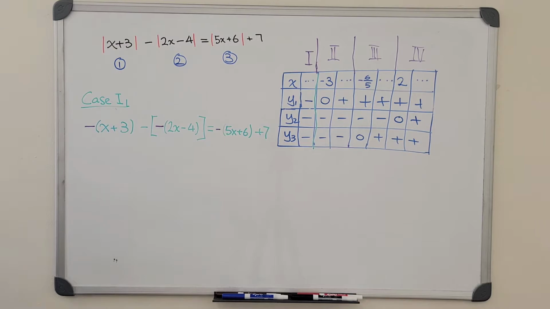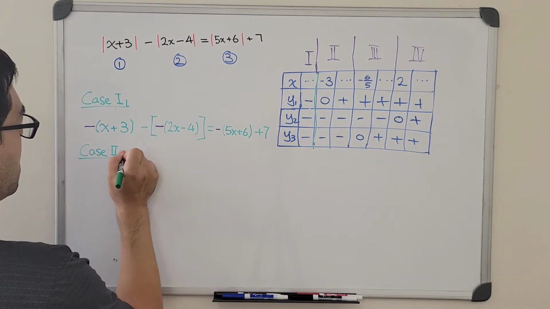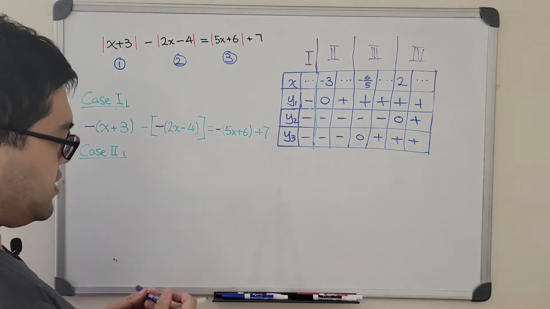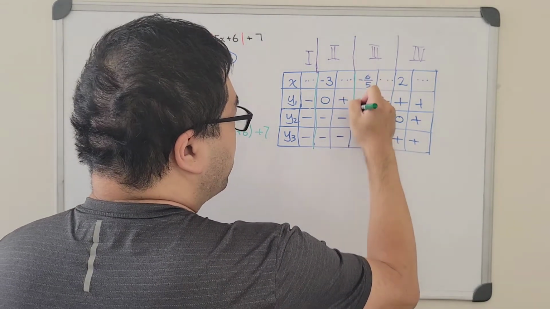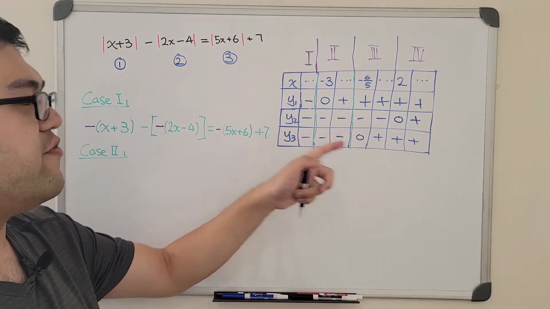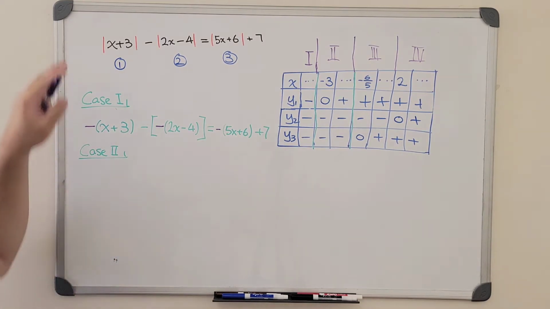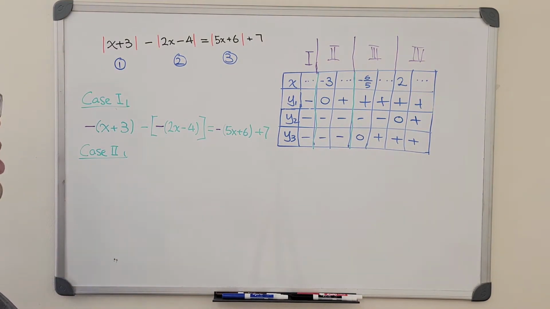Okay, so if we take the absolute value, we'll get the negative of the inside. Good. Similarly, for case 2, we now see that for the first term, it is either 0 or positive already before we give the absolute value. So if we get rid of the absolute value, do we need to multiply with -1?